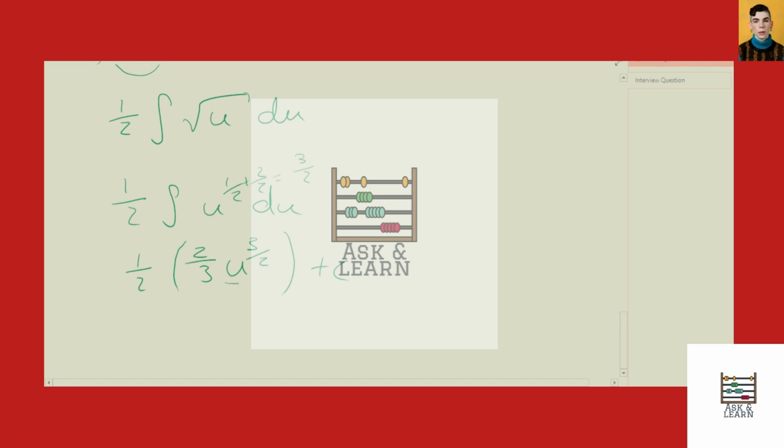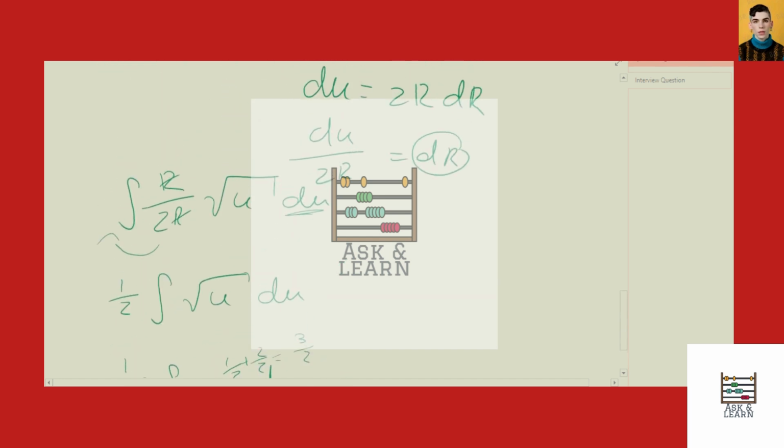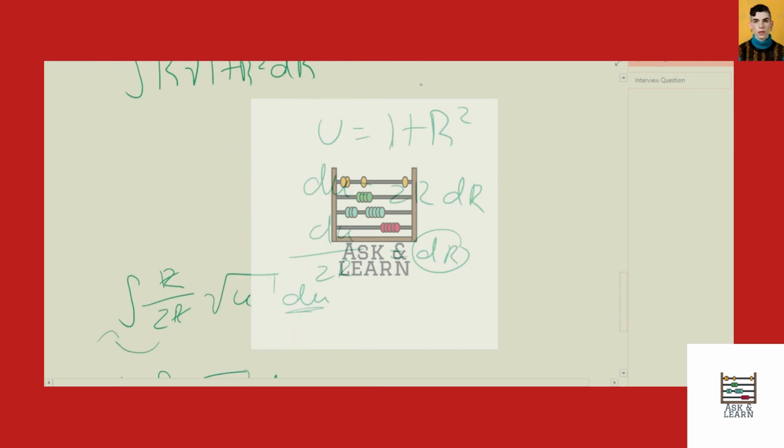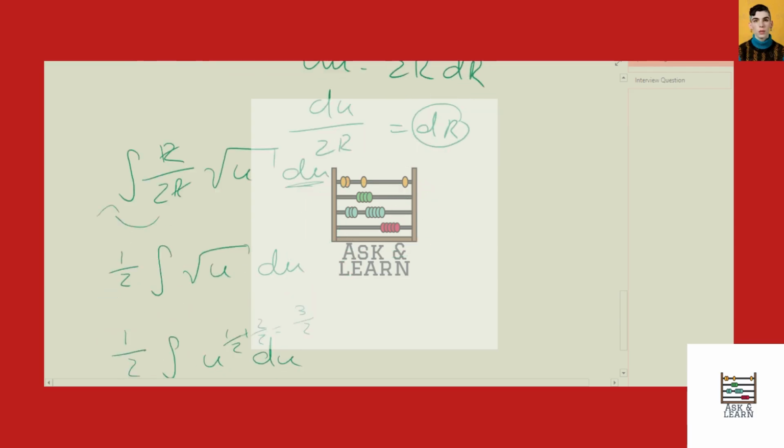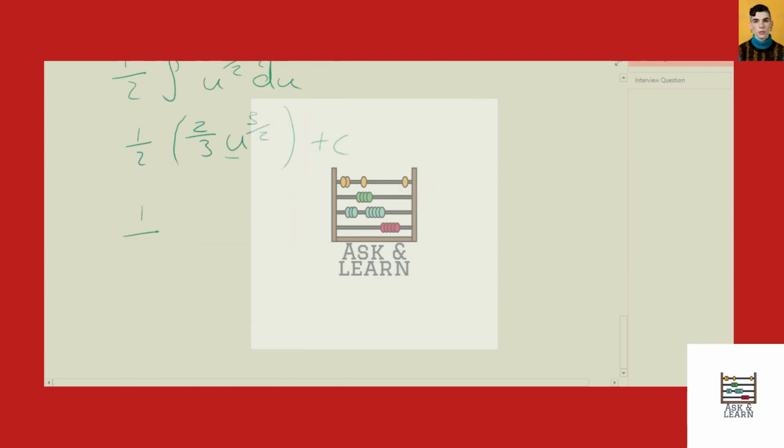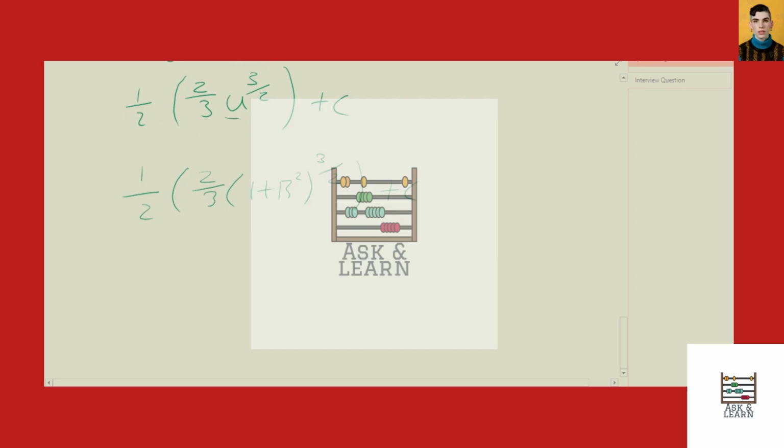Since we have this, we're going to swap this with what we originally took out, 1 plus r squared. So we're going to have 1 over 2 times 2/3 times 1 plus r squared to the 3 over 2 plus c. These cancel out, so it's actually 1/3 times 1 plus r squared to the 3 over 2 plus c. Alrighty.